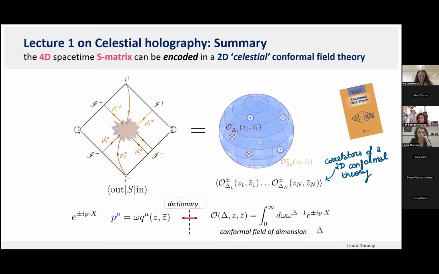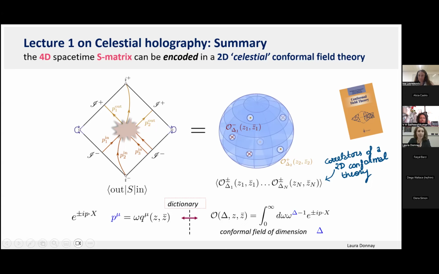So this is a slide which is meant to summarize a little bit the main idea behind celestial holography, which is the idea that it's possible to recast the S matrix. So here I'm working essentially in 4-dimensional spacetime. For 4-dimensional spacetime, it can be encoded in what is called a celestial conformal field theory.